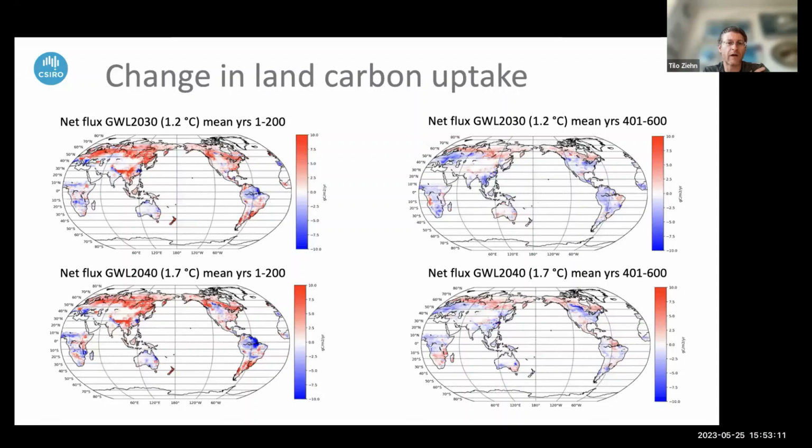At the beginning of the run, the mid to high northern latitudes, North America or Eurasia, are really strong sinks, and after about 500 years, only the high latitudes remain as small sinks, and the rest of the land pretty much becomes a source.